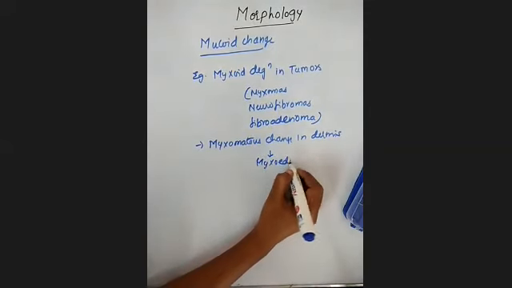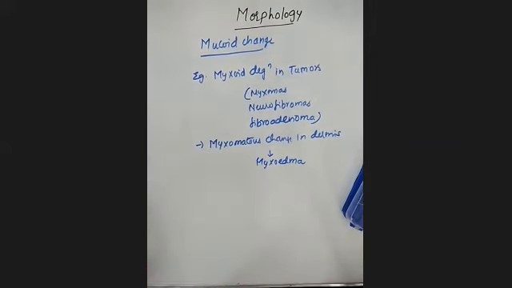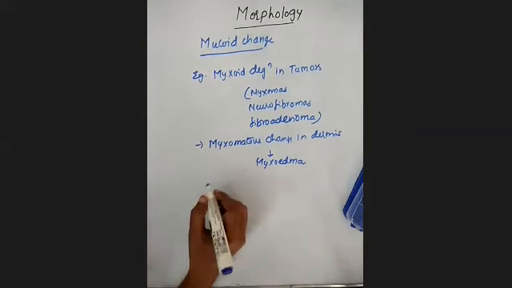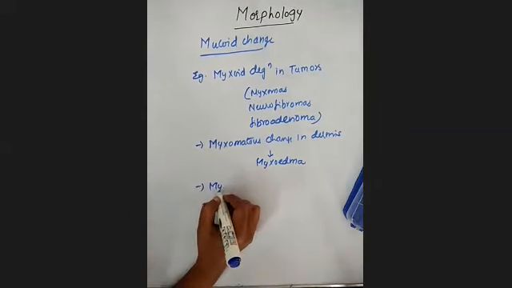If there is any swelling in the skin, they will take some cells and go for staining. In the staining, if they get a positive result, definitely there will be cell injury. The next one is myxoid change in synovium.